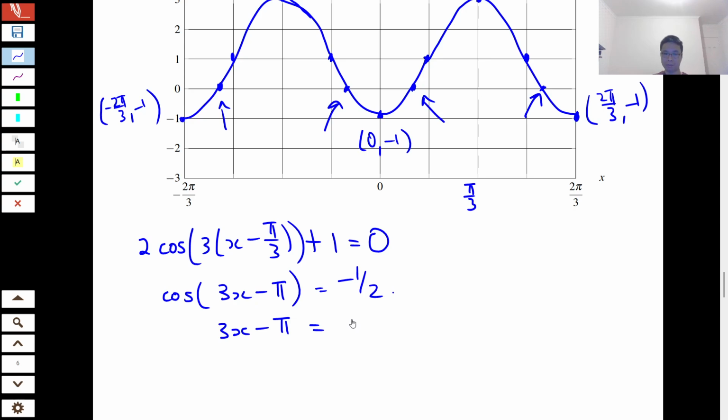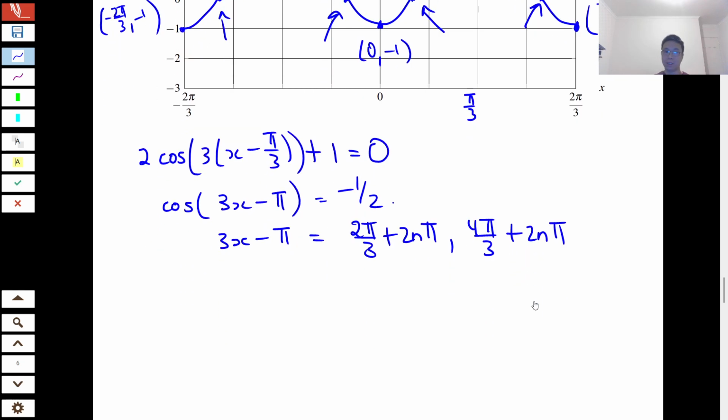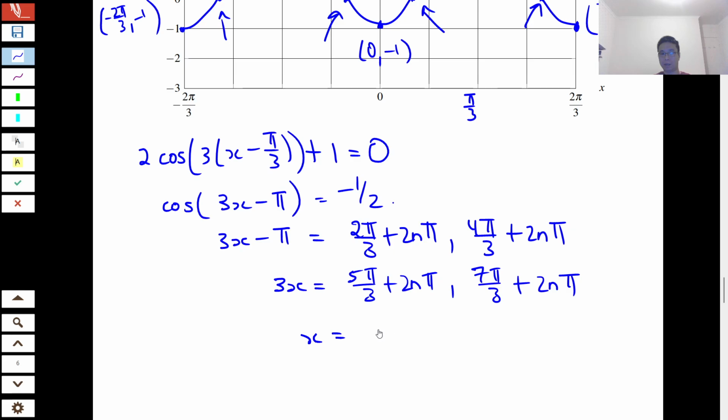So my first angle is going to be 2 pi on 3 in the second quadrant and 4 pi on 3 in the third quadrant. And now we add pi to both sides. And now we divide everything by 3.